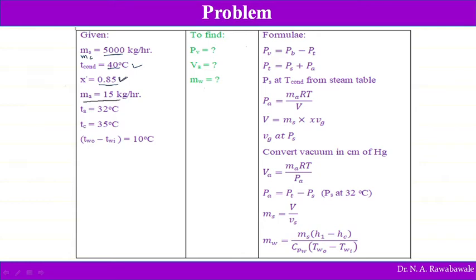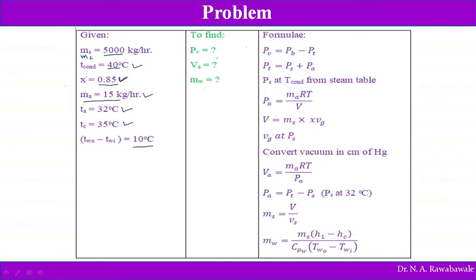Mass of air leaking into the condenser is 15 kg per hour. Temperature of air at the suction is 32 degrees Celsius. Temperature of condensate is 35 degrees Celsius. The cooling water which enters the condenser has its temperature increased by 10 degrees Celsius.